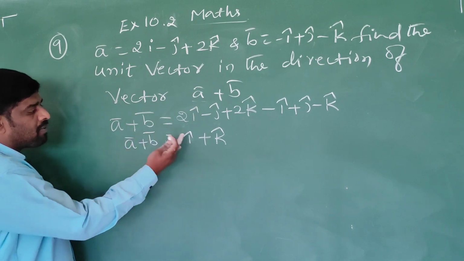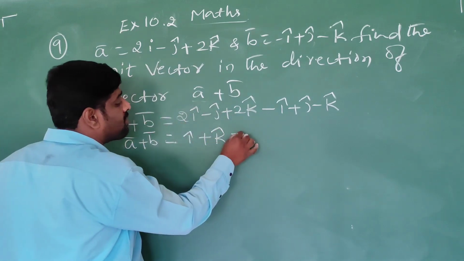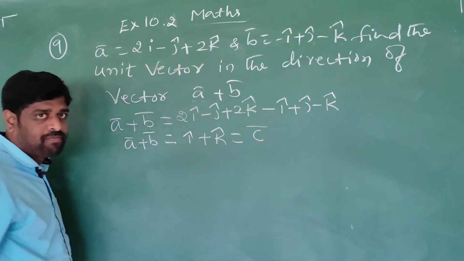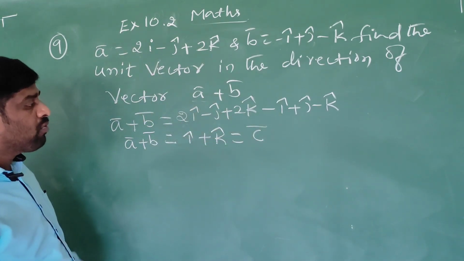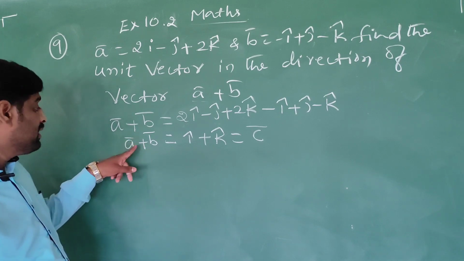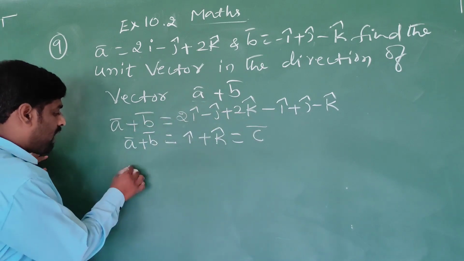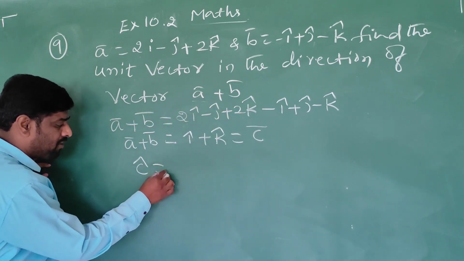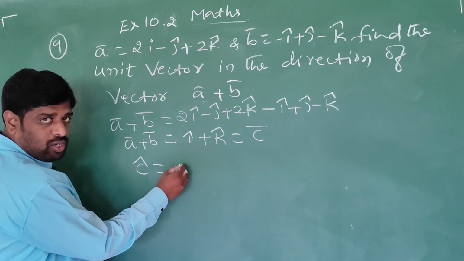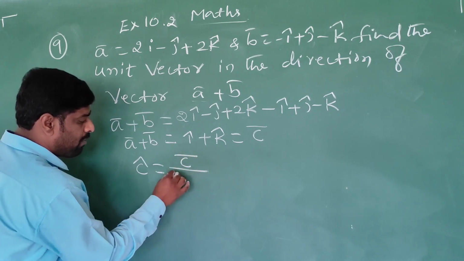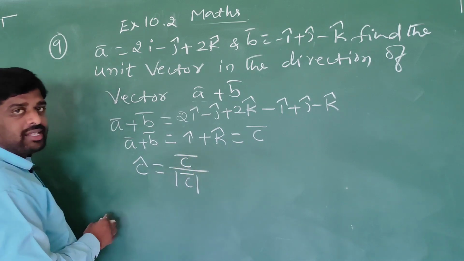Now this a bar plus b bar I will consider as some c bar. Now I want to find the unit vector for this vector, that means I want to find c cap. c cap is equal to c bar divided by magnitude of c bar.